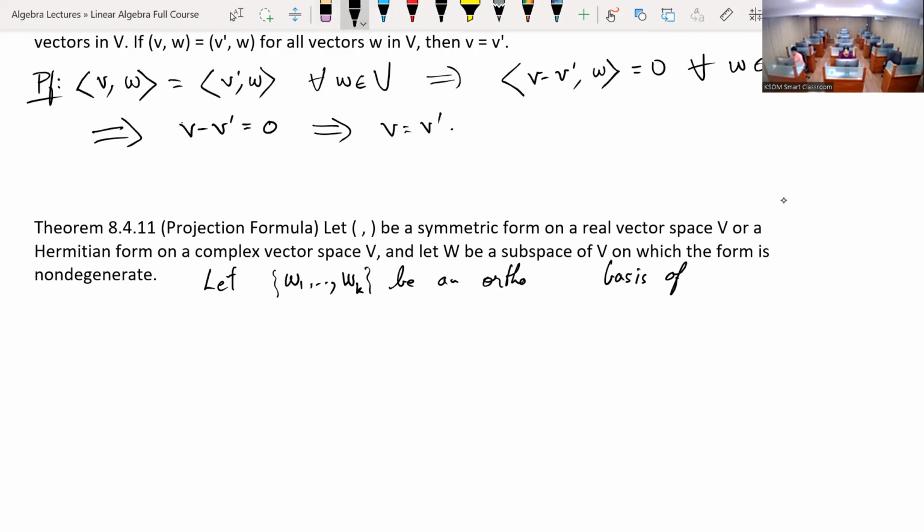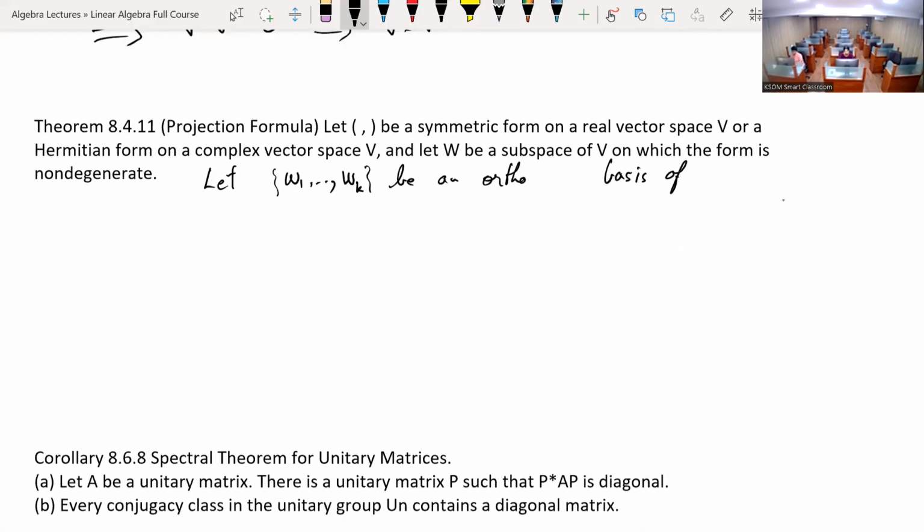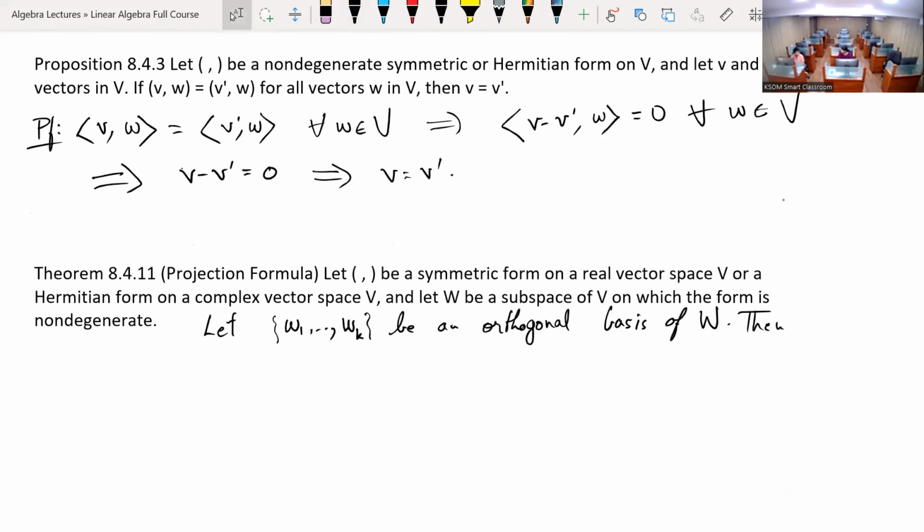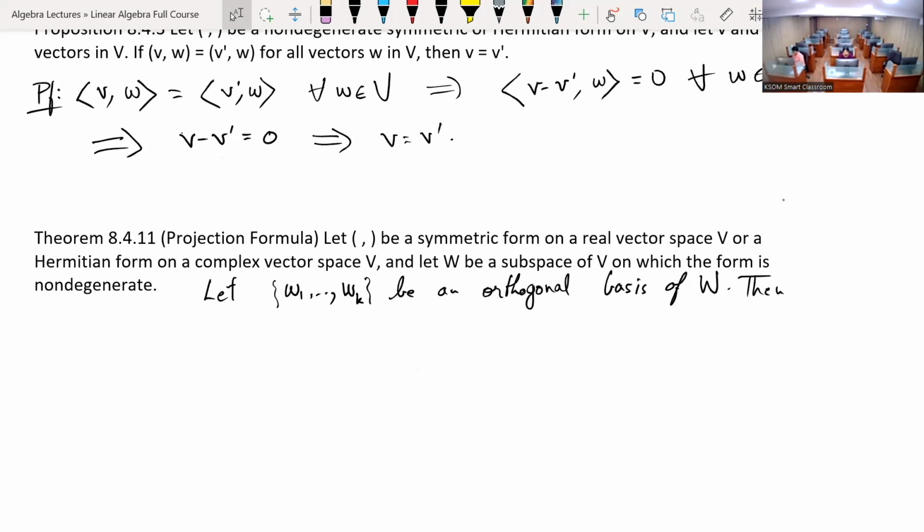Let's say it's just an orthogonal basis of W. If it is positive definite, then you can find an orthonormal basis. In general, you only get an orthogonal basis, so the self-inner product may be 1 or -1 if it's not positive definite. Then there is a projection formula.